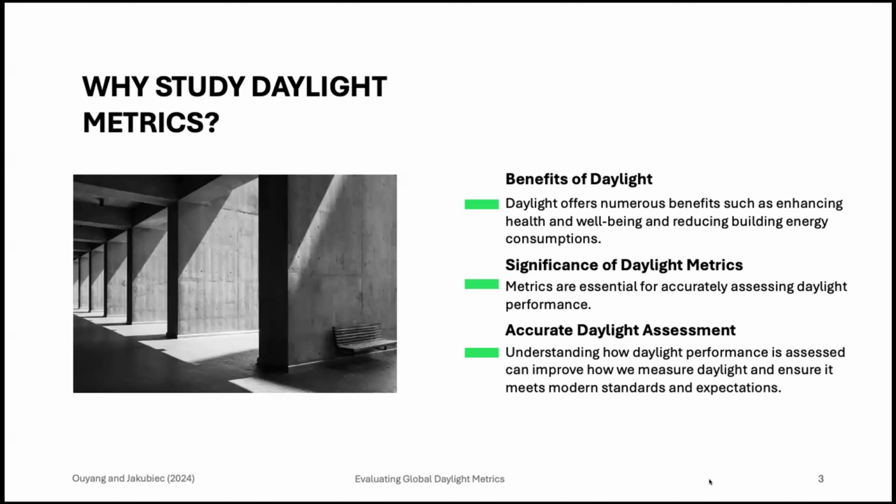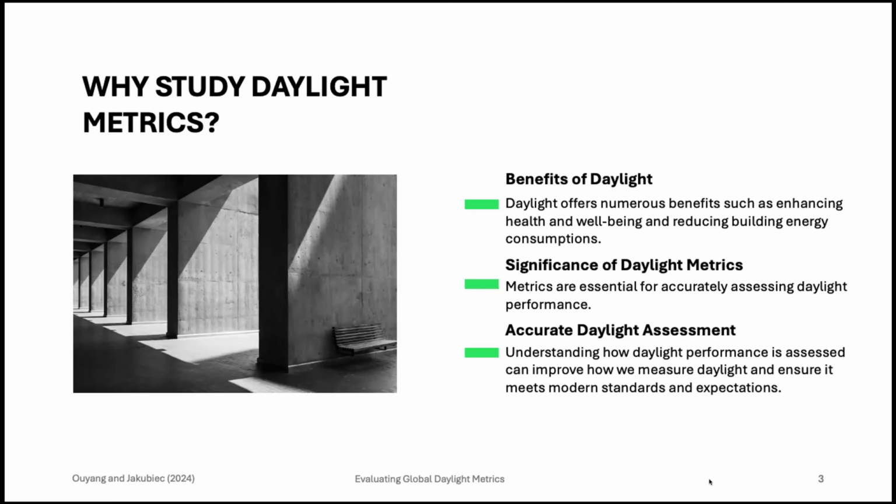So before we dive into the details, I want to share why I'm dedicating my PhD to study daylight metrics. Why focus on this, you might ask? Well, accurate daylight metrics are crucial for evaluating how well our spaces harness natural light and identifying areas where we can do better.